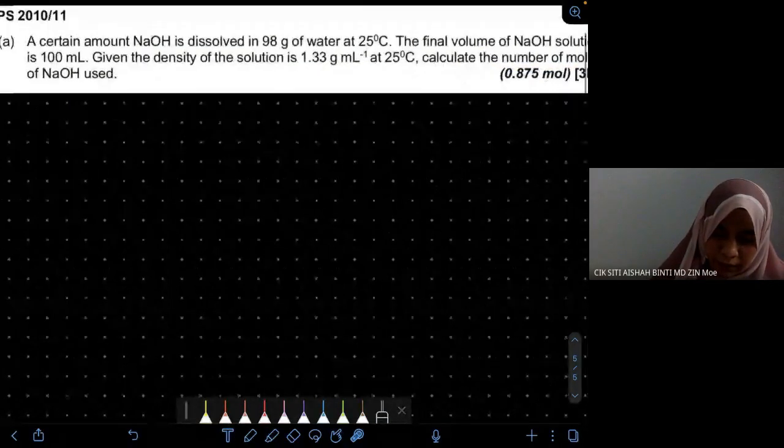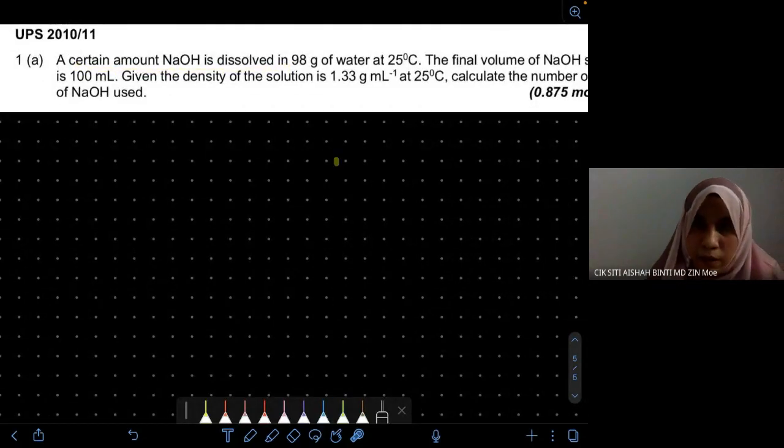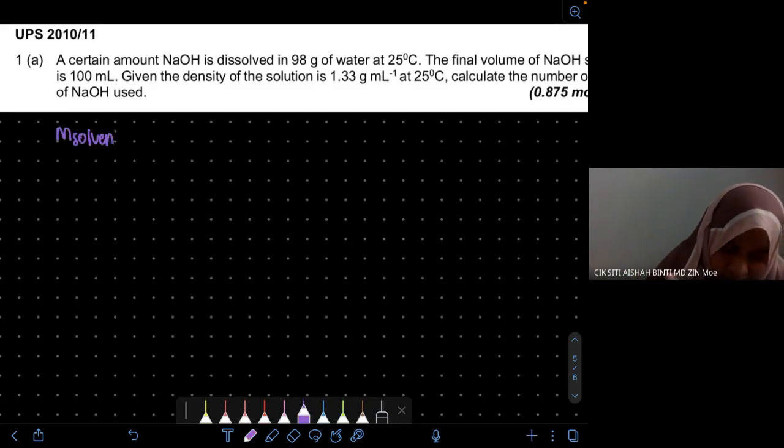Okay, so yang ini dia kata a certain amount of NaOH. We do not know yet. Here is actually our mass of solvent. So yang ini Miss keluarkan. This is actually my mass of solvent, 98 gram.